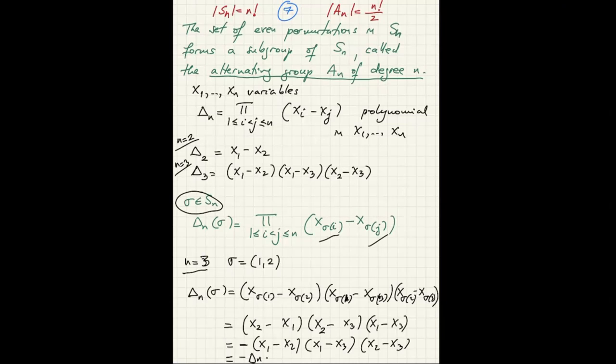Delta 3 of sigma is just going to be (x sigma 1 minus x sigma 2)(x sigma 1 minus x sigma 3)(x sigma 2 minus x sigma 3). When you replace, sigma 1 is 2, sigma 2 is 1, and so on, we get that this equals minus delta 3.